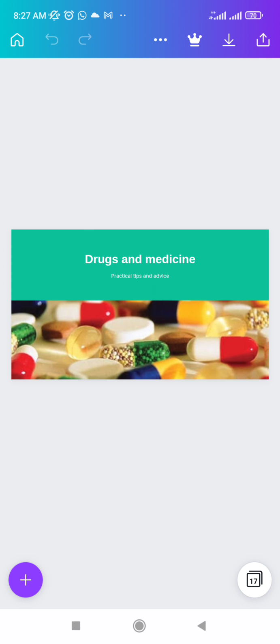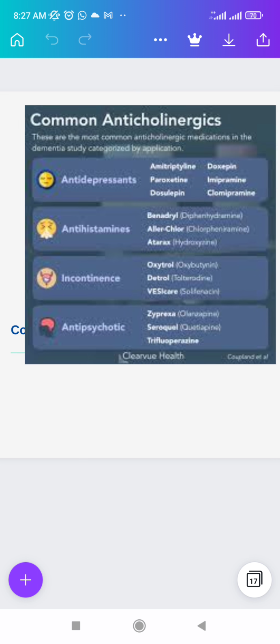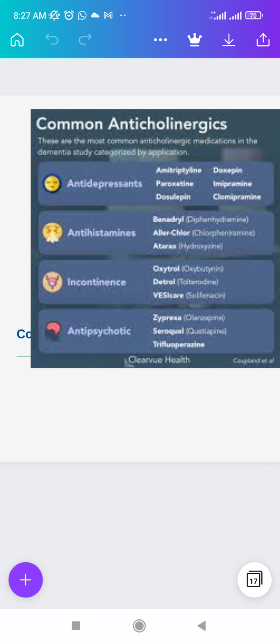Now, there are many drugs which are responsible for xerostomia, especially diuretics and anticholinergic drugs. There are a few medications that have anticholinergic effect: antidepressants, antihistamines, drugs used for incontinence, and antipsychotics.